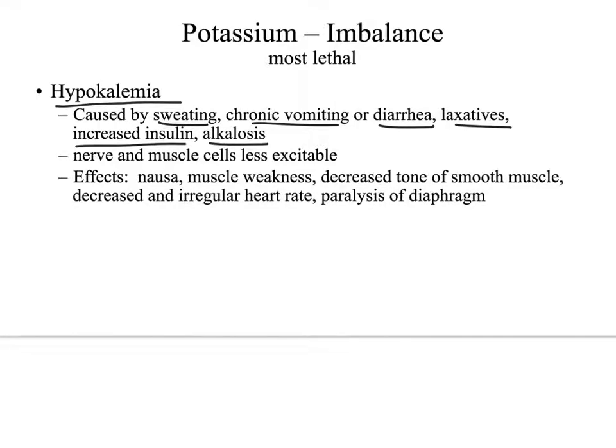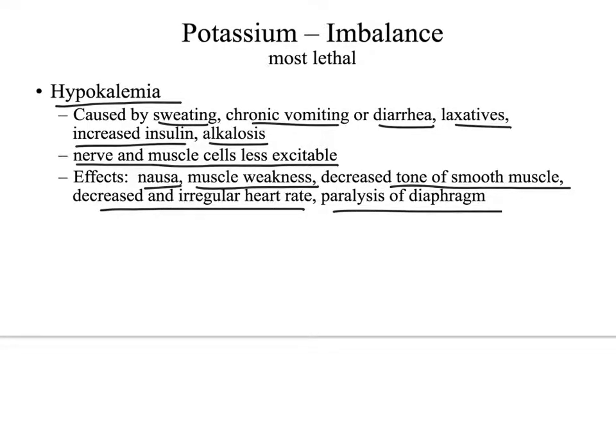It's the same as the slow rise. The nerve and muscle cells become less excitable. It can cause muscle weakness, nausea, decreased muscle tone. Heart rate can become irregular, and the diaphragm might not work. So this is bad.